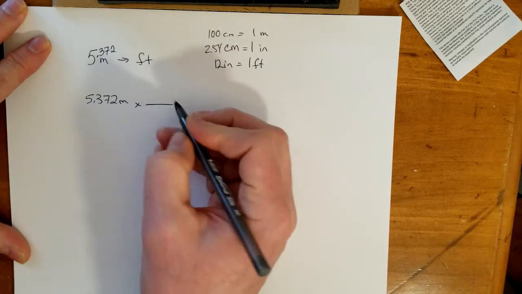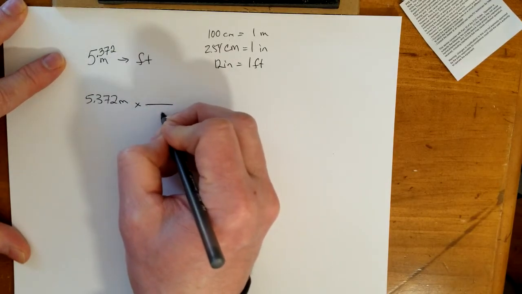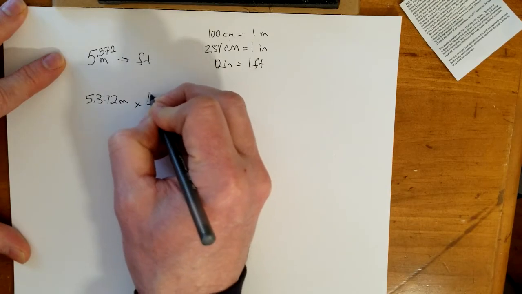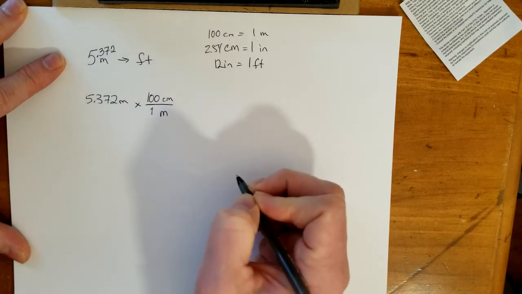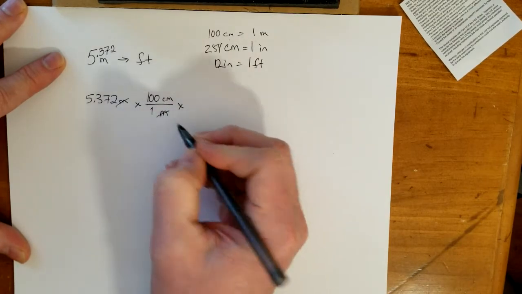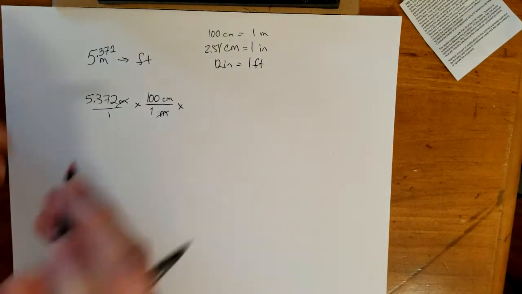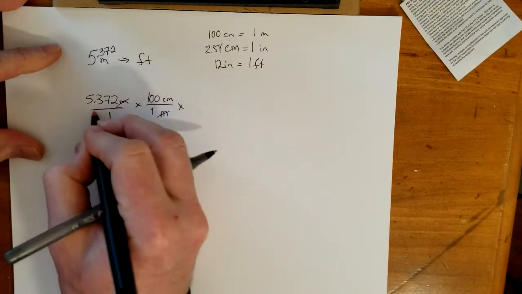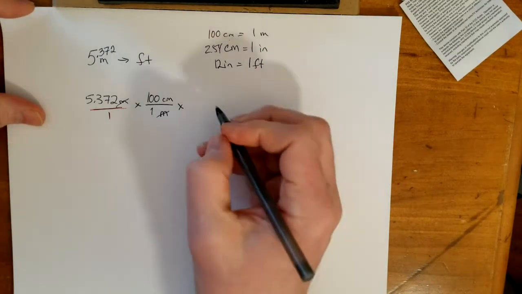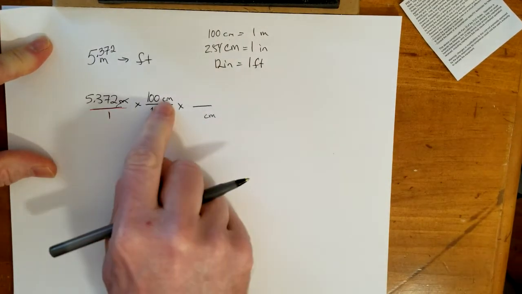So I multiply here. I want to get rid of meters, so meters goes on the bottom, and I put 100 centimeters up top. And so my meters are going to go away. Again, that's over 1, and let me put that in red to emphasize that. I'm just tacking that on after the fact. Centimeters to inches: I want to get rid of centimeters, so I need centimeters on the bottom because it's on top right there.